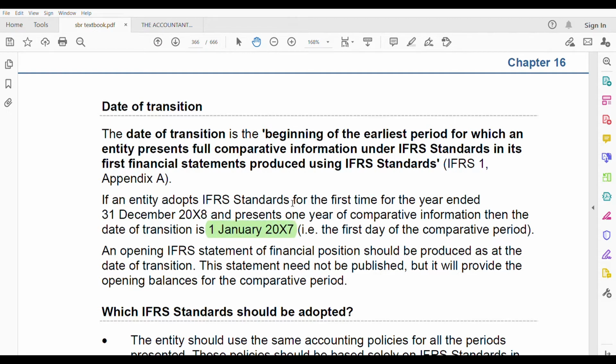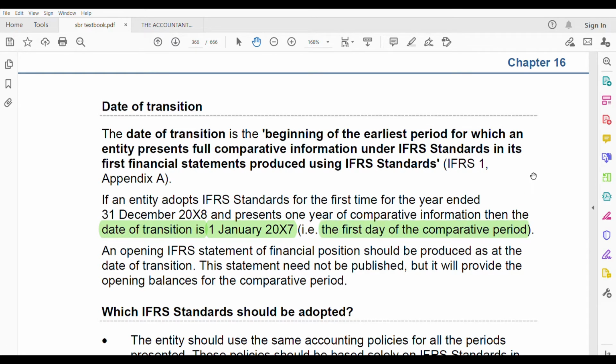1st of Jan. Because he adopts IFRS standards for the first time for the year ended this one. It should be a year before that. That is known as the date of transition. Okay, that is the first day of the comparative period.